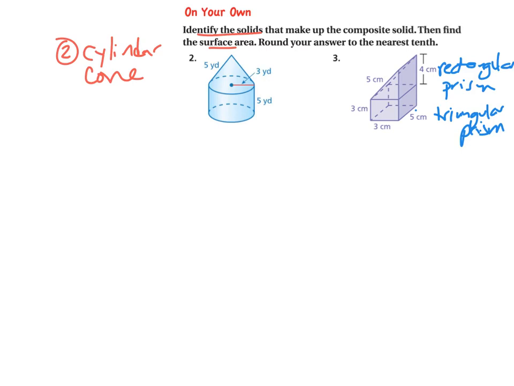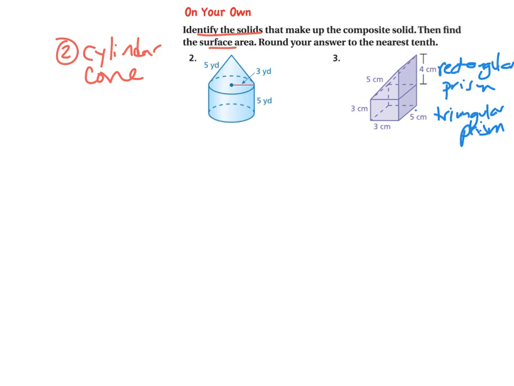So let's go back over here to number 2 for the cylinder and cone. You need to grab your 2 equations for surface area of a cylinder and surface area of a cone. The only difference is, think about here, this portion, they touch, so we're not going to actually use the base of the cone or the top of the cylinder. Okay, that's not going to be part of our surface area.